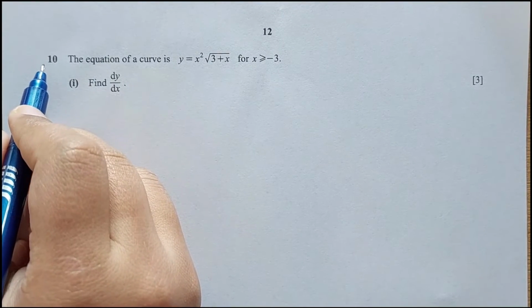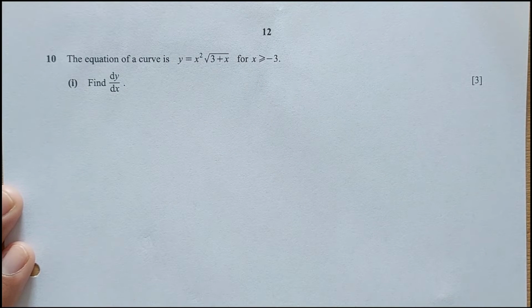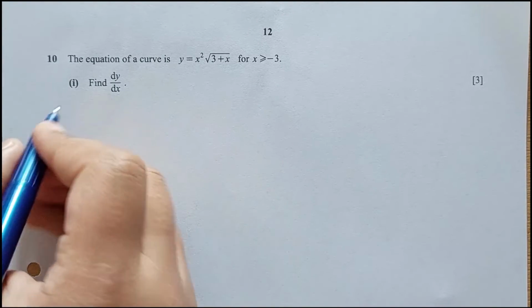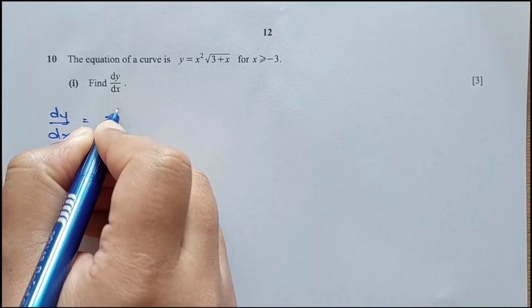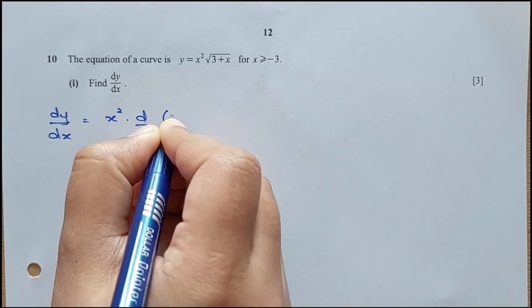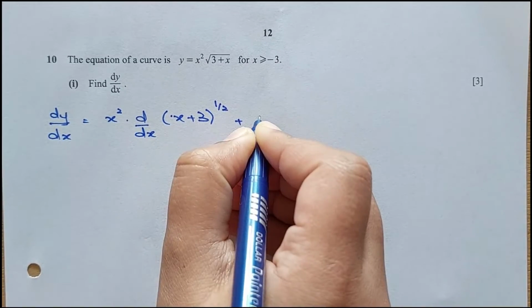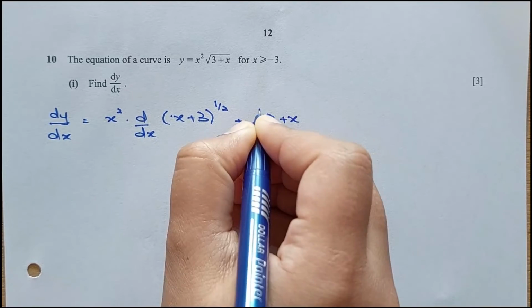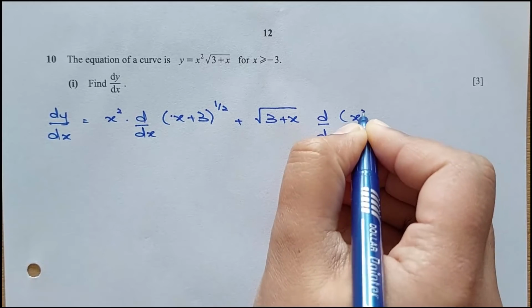Question number 10, the equation of the curve is given for x greater than or equal to negative 3. Number 1, find dy by dx, right? So here we have to apply the product rule. So dy by dx equals, the first function is x square, we have to find the derivative of the second function, (x plus 3) to the power 1 by 2, plus the second function as it is, and the derivative of the first function, x square.